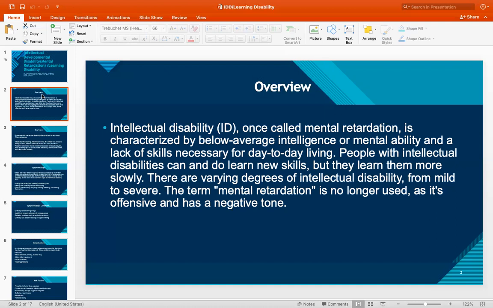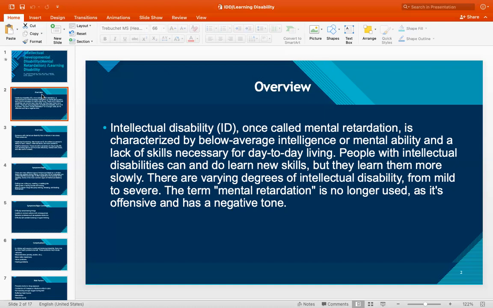Because we no longer use the term mental retardation, we used to say profound. That means the person is exhibiting even more than the severe, going into the severity of it, which is something we used to say, but now we don't say that anymore.